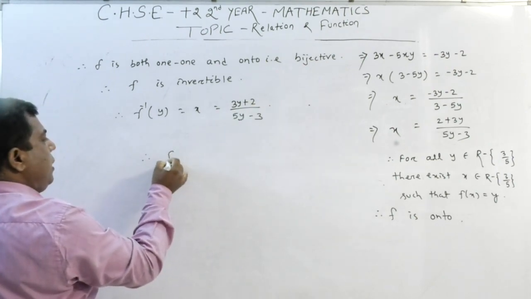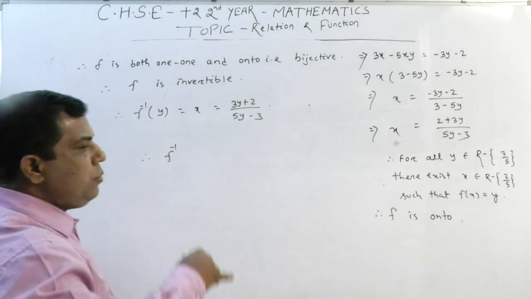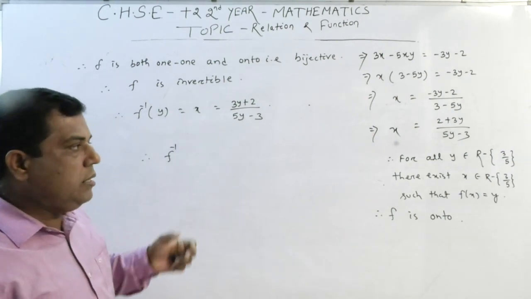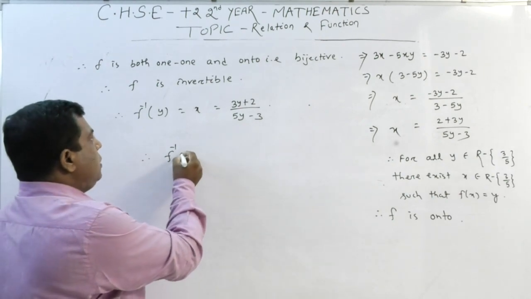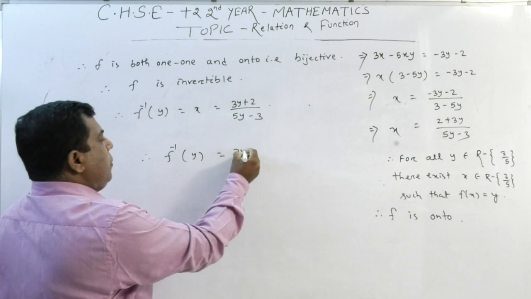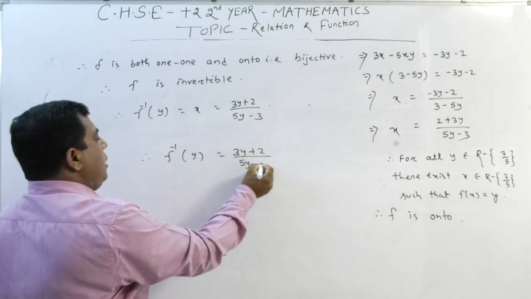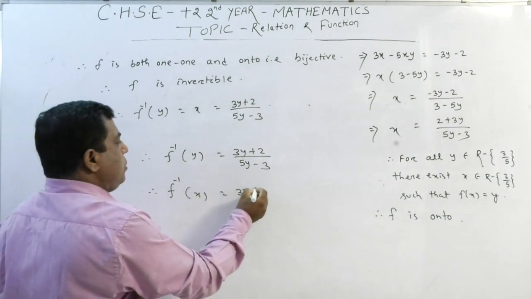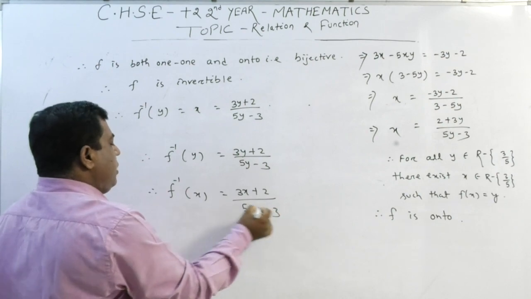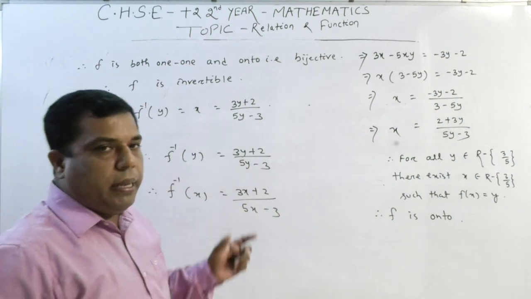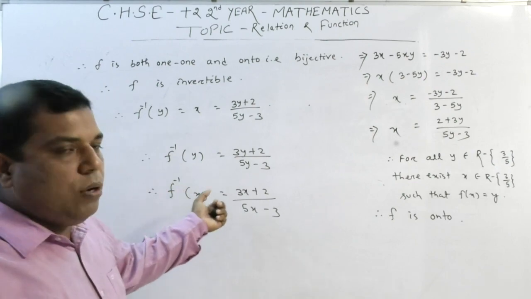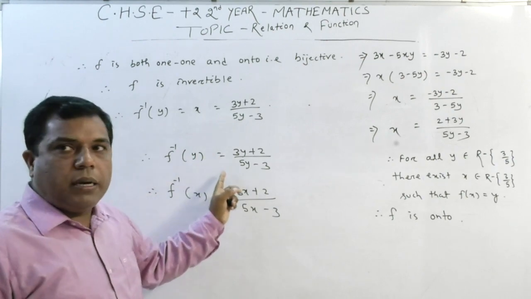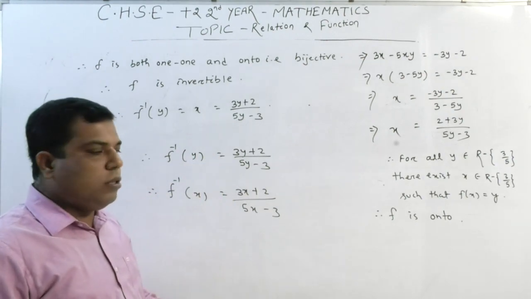So our inverse function, from B, the codomain set, to the domain set, is f inverse of y equal to (3y plus 2) by (5y minus 3), or by changing variable, f inverse of x equal to (3x plus 2) by (5x minus 3). We can put any variable. Generally we put x, that's why I am converting it into the format of x. You can convert it into some other format also.